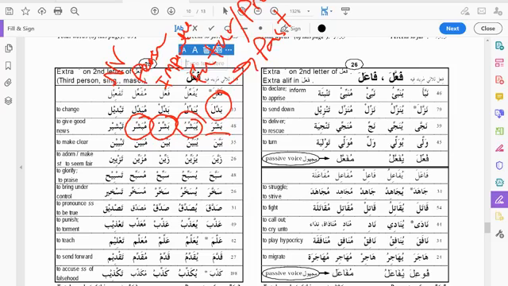Tabshir is basically the noun of the verb, talking about the good news itself. The same thing with mubashirat. Let me write that down. Mubashirat are basically the good news that you would be getting. May Allah subhanahu wa ta'ala give you all good news, inshallah.